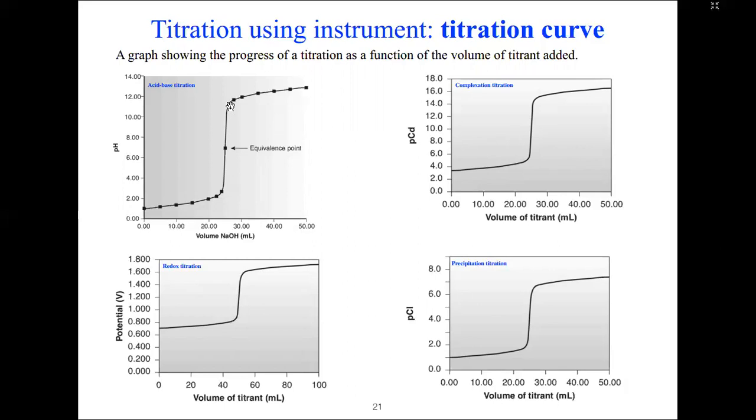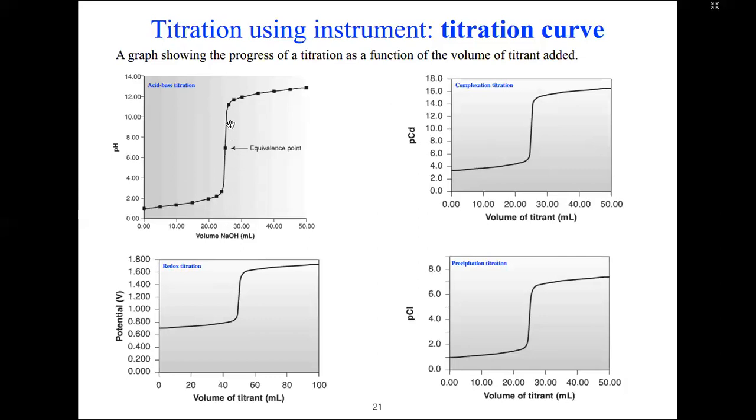From the instrument, like a pH meter. Okay, now you added more sodium hydroxide, then the rise in the pH is very small. See, so there is only this region where the rise in the pH is very high for this small amount of sodium hydroxide.